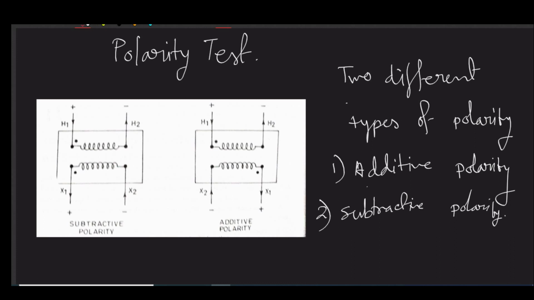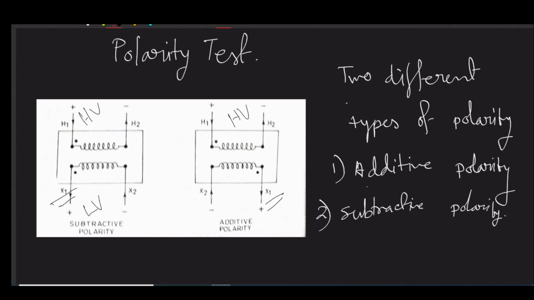We mark the high voltage winding using these. This is our HV side and this is our LV side. Here you can see this is H1 and also here it is H1, but depending on the nature of the polarity, on the secondary side you can see a different position of X1, right?